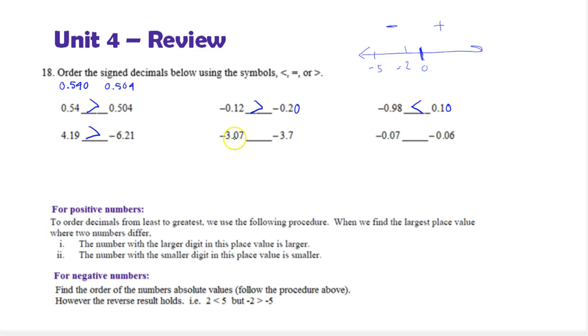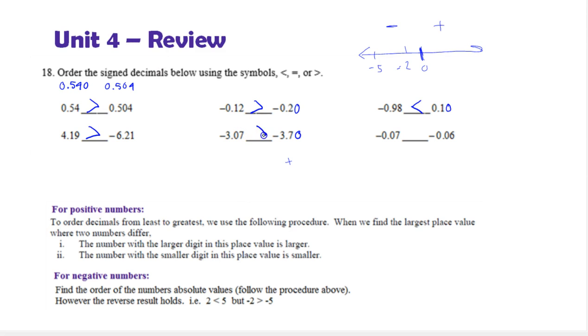Now again, we have two negative numbers. I'm going to give them the same number of decimal places. They both have a whole number of 3. This is 7/10, and this is 7/100. This is 70/100. So this is bigger if it was positive, but that means it's smaller because they're both negative.